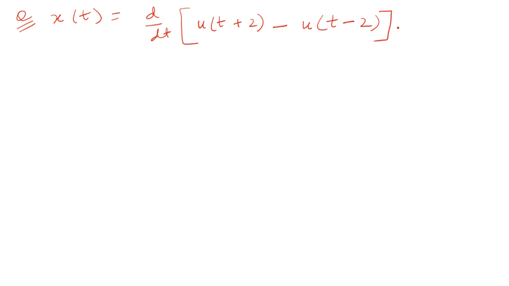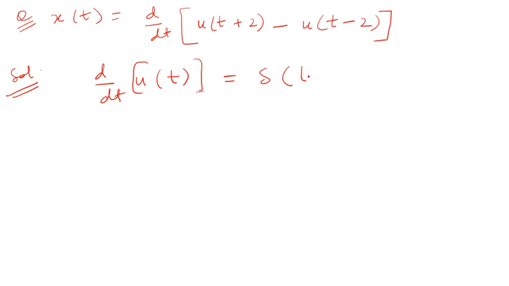Now I would like to tell you one thing here that I may have missed where we discussed the unit step signal, which is that the derivative of a unit step signal will always give an impulse signal.